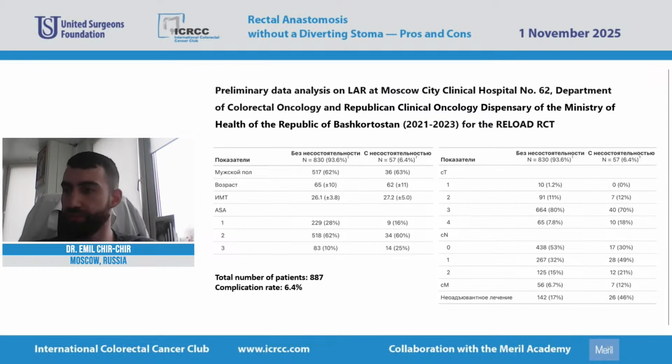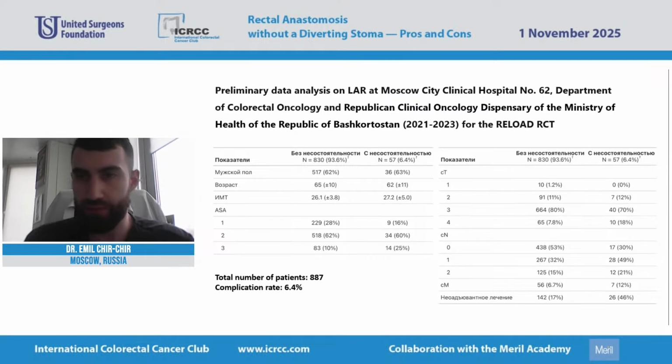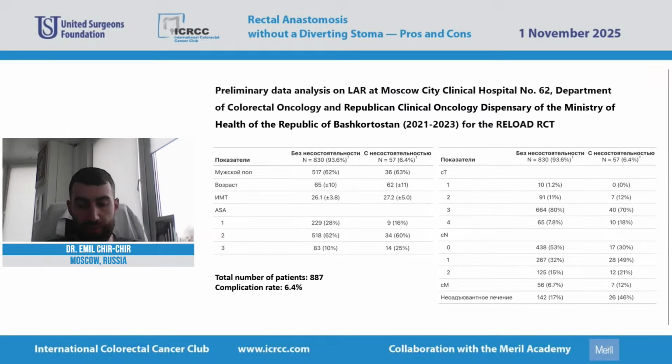BMI and neoadjuvant treatment. Perhaps our understanding of risk factors and what we know about specific ones is still a debatable topic.